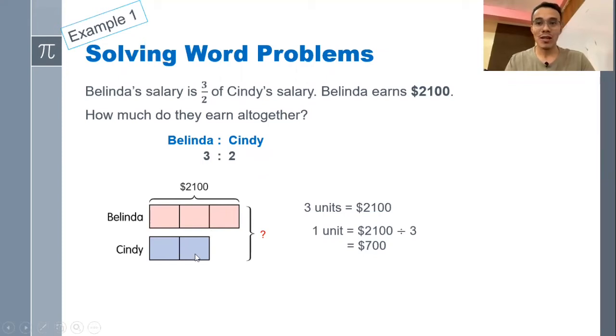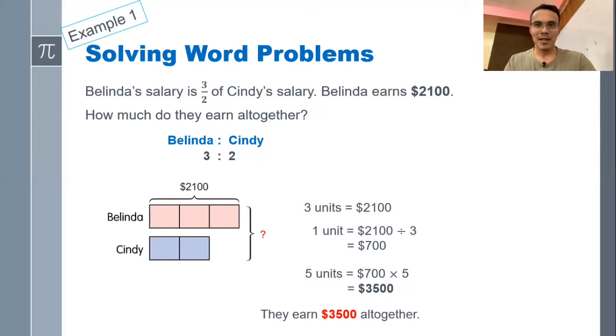There are a total of 5 units, so we have to look for 5 units. And 5 units is equal to $700. This is the value of 1 unit. And multiply this one by 5, and the result is $3,500. Therefore, they earn $3,500 altogether.